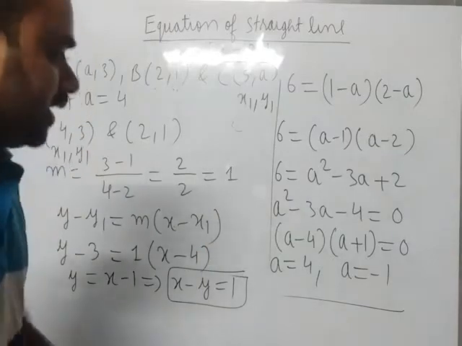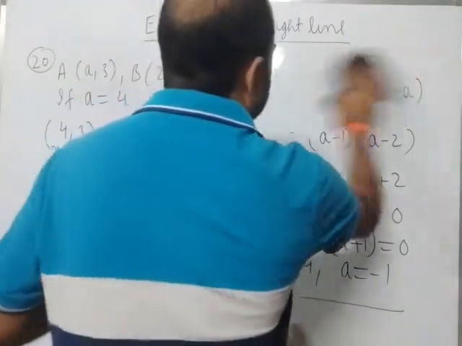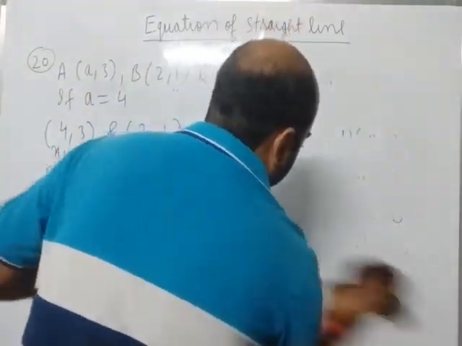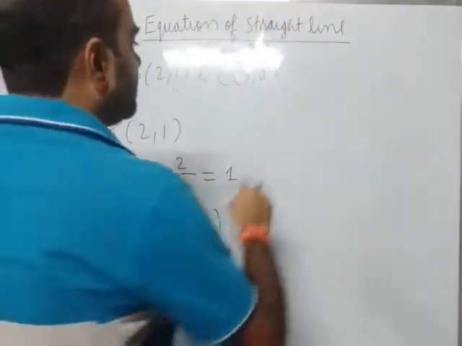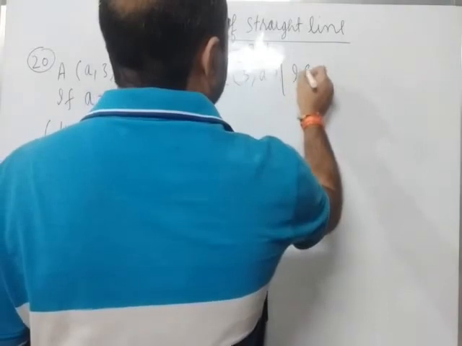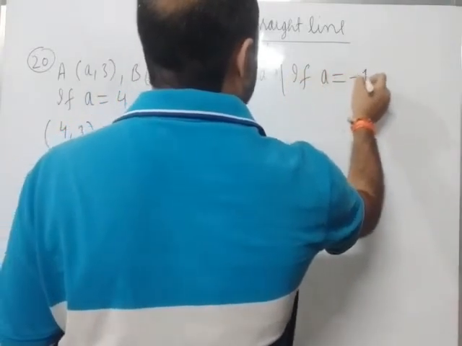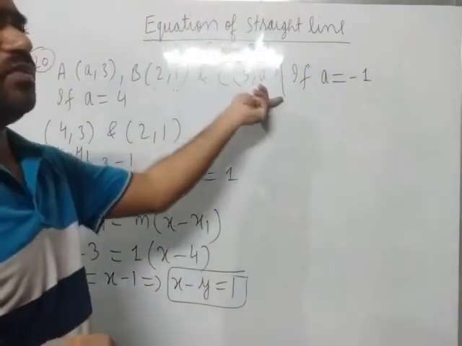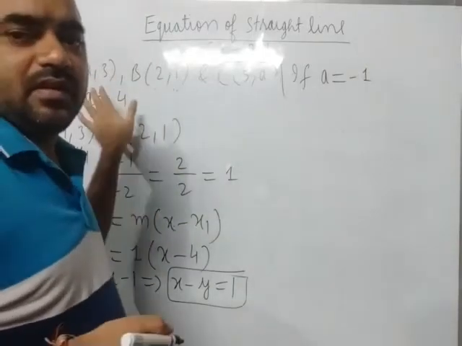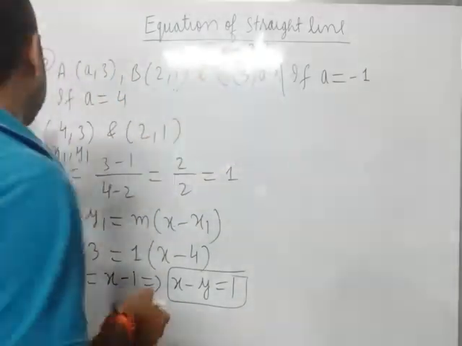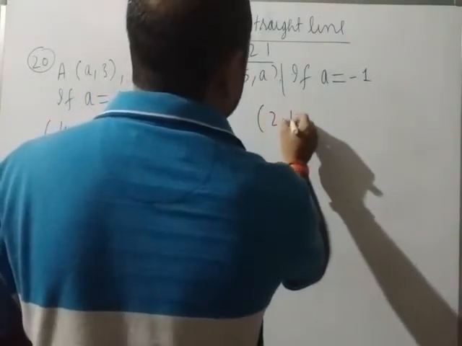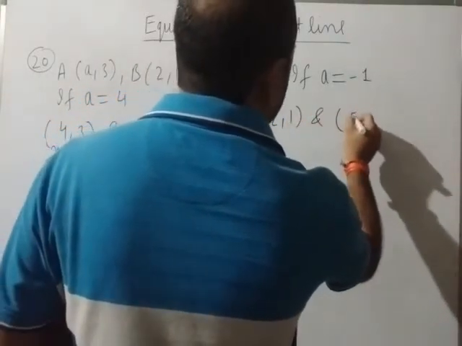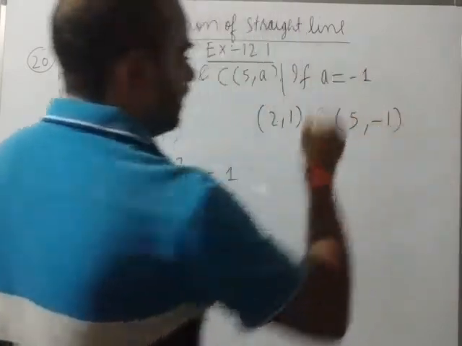Now, second, if a is minus 1, you can take this point or this point. First we have taken this point, now I am taking this point. Then the points are (2, 1) and (5, minus 1).